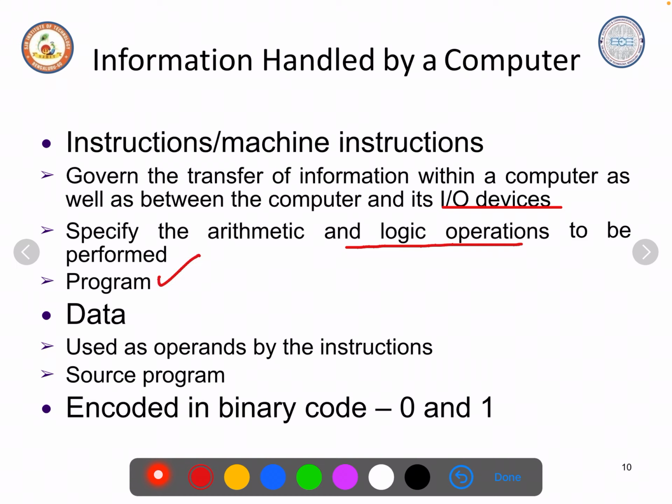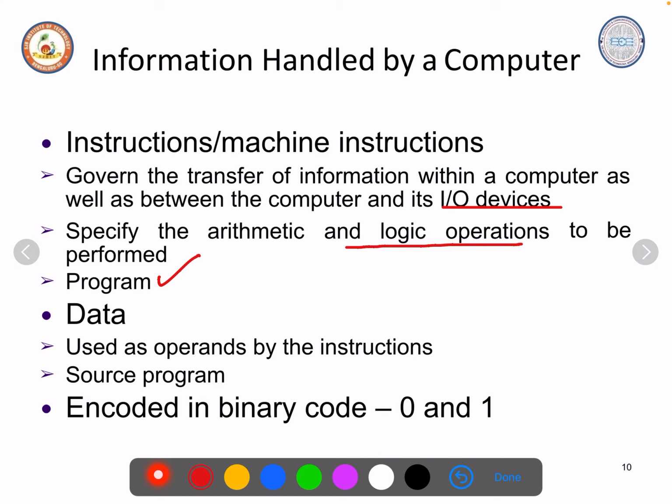Data are the numbers and encoded characters that are used as operands by the instructions. The term is often used to mean any digital information. The entire program may be a source program, meaning high level language, low level language, and object program.